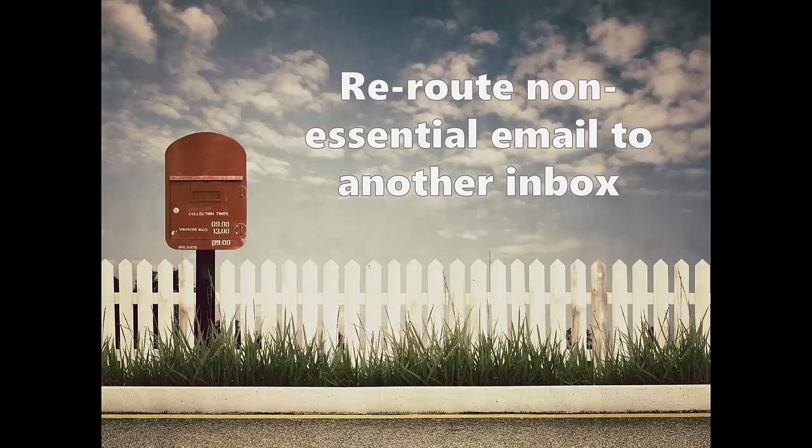Then it starts to move into a conversation about something completely different, so maybe a different project or a meeting or something along those lines. What we would always suggest is, if the conversation starts to change to talk about something else, that you create a new email string with a new subject line which relates to that new discussion.